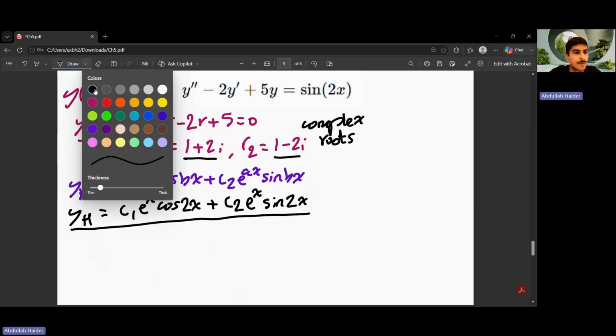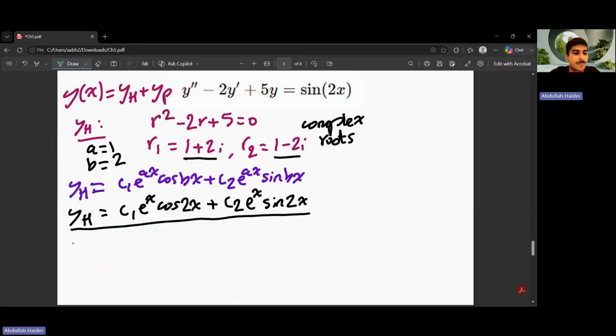And now we will find the particular solution. So we have a sine 2x here, which means we can make the assumption a cosine big Bx plus c sine big Bx.